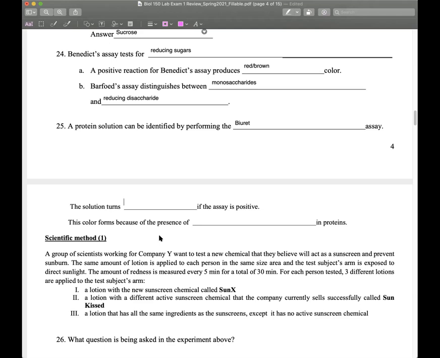Is that the one that turns purple? Yeah, it turns a nice lilac-y purple. And what does this positive result indicate, or what's actually being detected in the proteins? Peptide bonds. Exactly, the peptide bonds in between those amino acids.